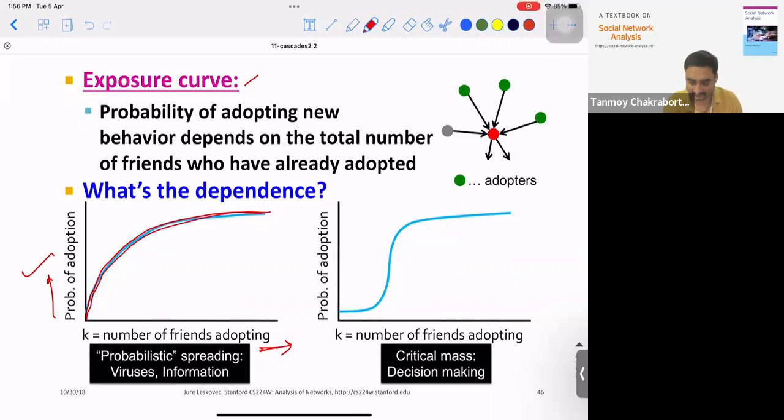On the other hand, if it is a decision-making model, the one that we discussed at the beginning, the same exposure curve would look like this, a kind of S-shaped curve. What does it indicate? It indicates that if a small number of neighbors are infected, you will not adapt.